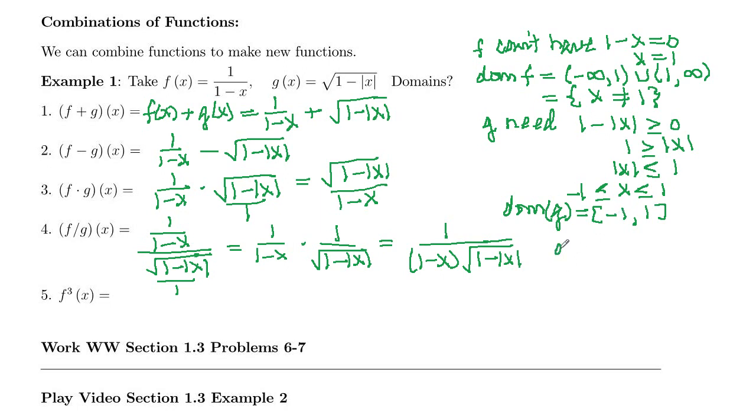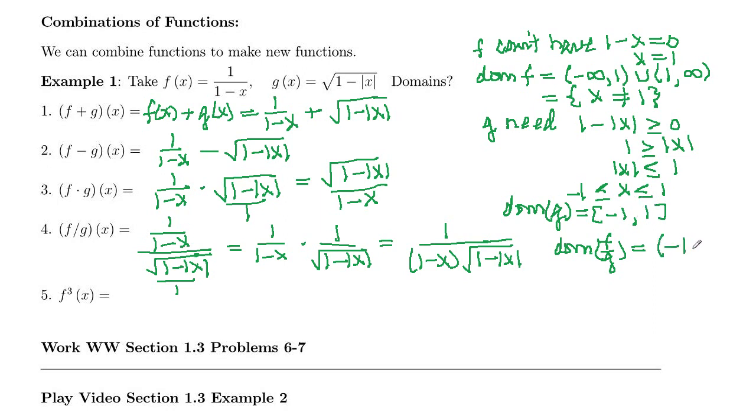So this domain of f divided by g is actually going to be, so we're going to include negative 1 to 1. We've got to kick out the 1 because it makes the denominator 0 here. And then we also got to kick out the negative 1. So we can't have either of the ends there.